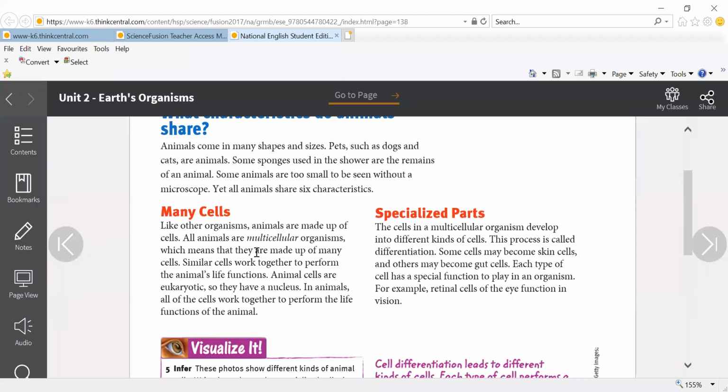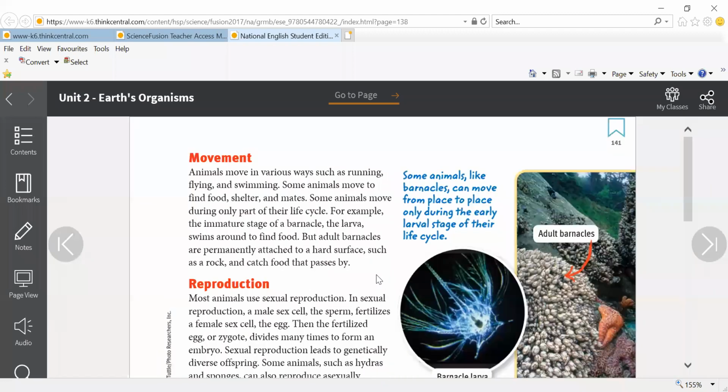Then we move, we reproduce. Animals move in various ways such as running, flying, swimming. They need food and shelter. They also move for food, for shelter, for mates. Some of them only move during some part of their life cycle. When they are very small, they cannot move, but they come to a stage where they can move.